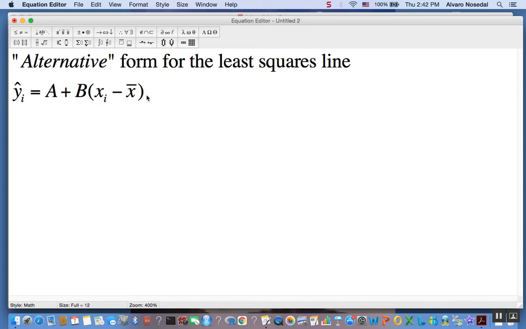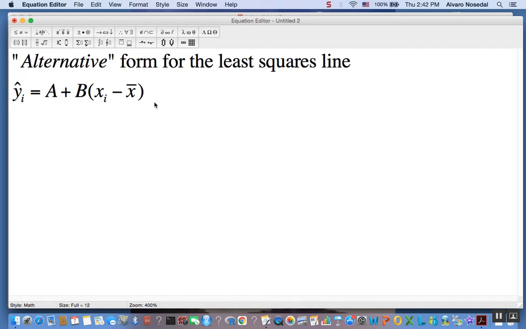Make sense? And then after we do that, we're going to see the relationship between uppercase A and lowercase a0, and between uppercase B and lowercase b, the ones for the original. We'll see if they are related and how they are related.